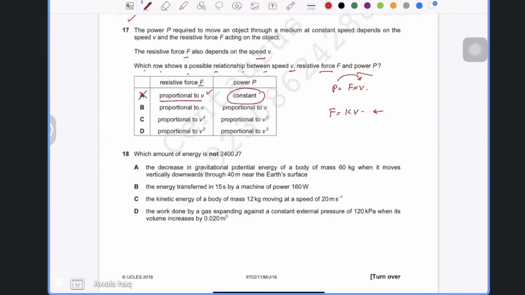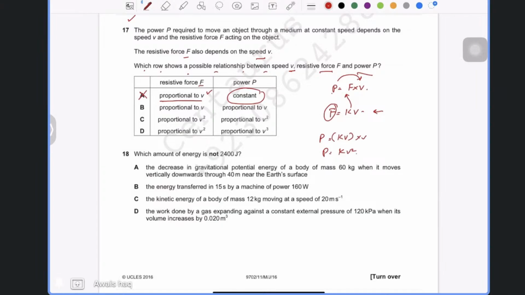Do you understand what I just said? Yes. Now, in relation to that, if I want to put the real relationship between power and velocity, I have to put this constant and v here. So power would be kv times v. So power will be kv squared. Now, why is this question difficult?